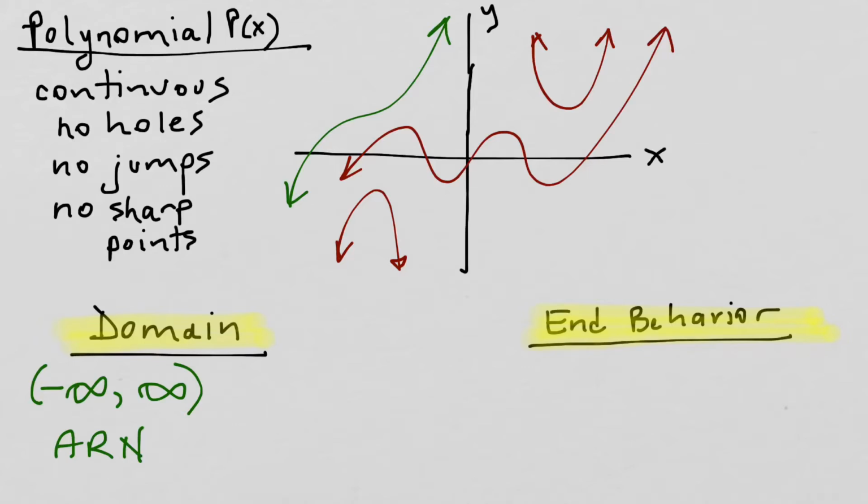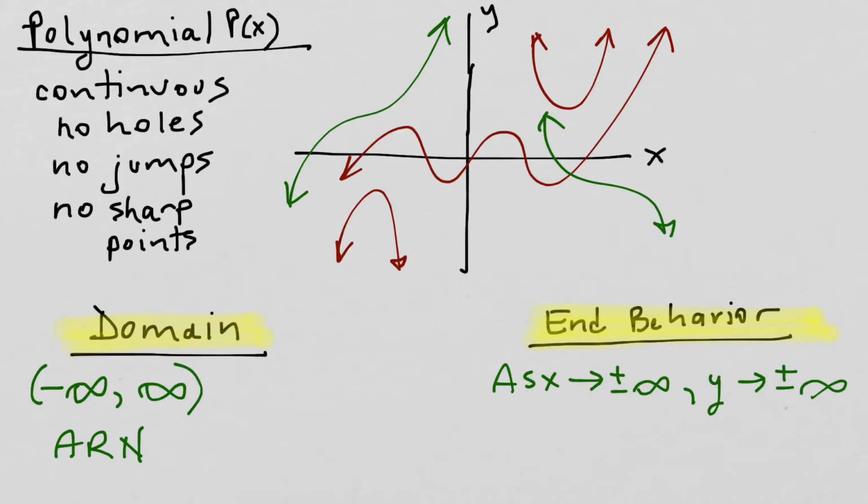Now, when we're talking about the end behavior of one of these functions, you could get down, down end behavior, up, up, down, up, or this one's down, up, but you could also get up, down end behavior. So we'd be saying as x approaches either positive or negative infinity, y can approach either positive or negative infinity for a polynomial.